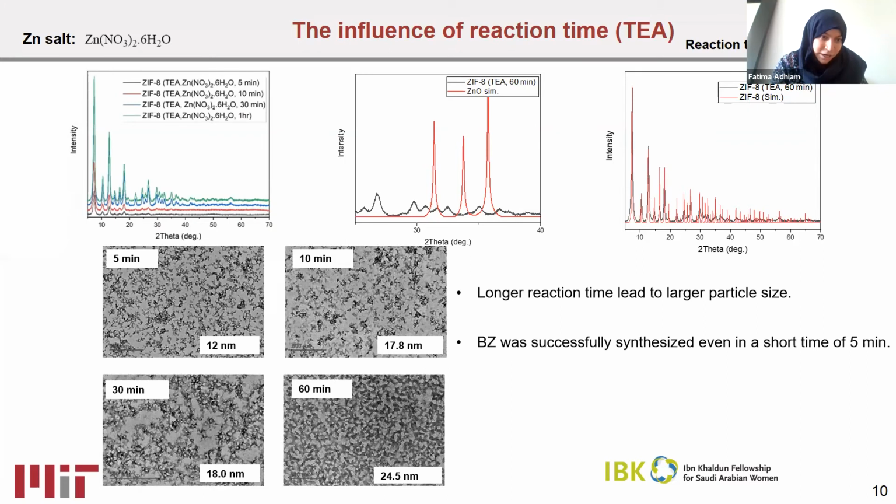If we compare the black curve here, in terms of the broadening and the intensity, we can see that the material synthesized for 60 minutes possesses a stronger and sharper peak, which indicates that the material is getting larger. However, as I have mentioned, the broadening of the peak indicates that the material is getting smaller, and this is what we've got here. And definitely these materials are not amorphous, because even for shorter reaction times, we can see these peaks are matching with the simulated pattern of the ZIF-8 material.